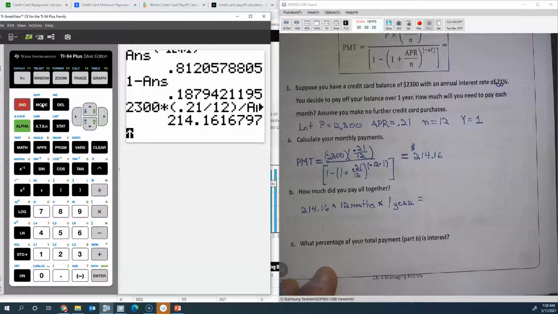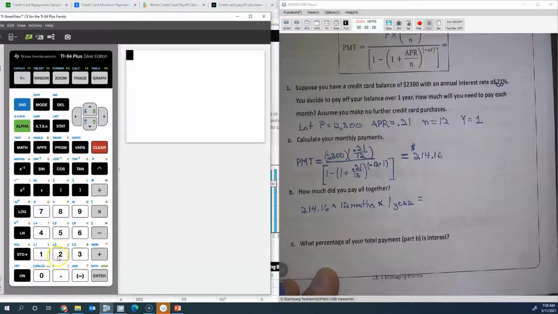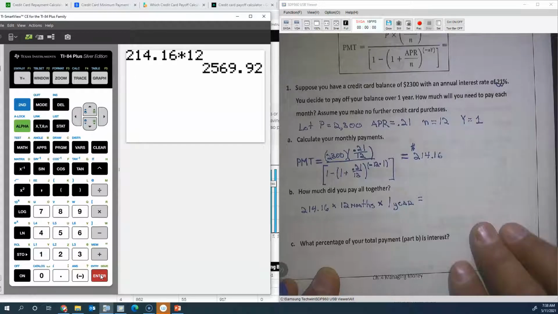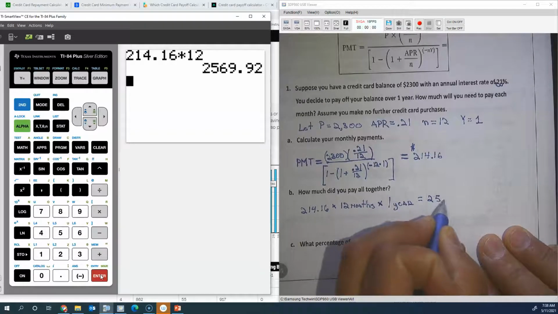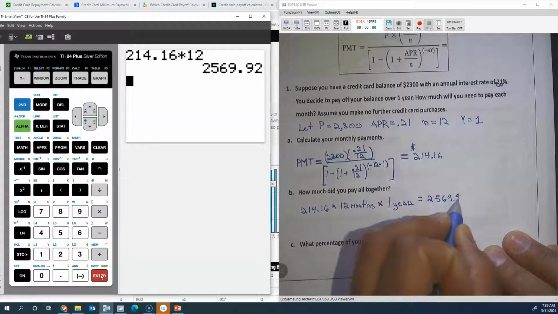Second quit, and multiply that out. 214.16, times 12 times 1. So I paid $2,569.92.